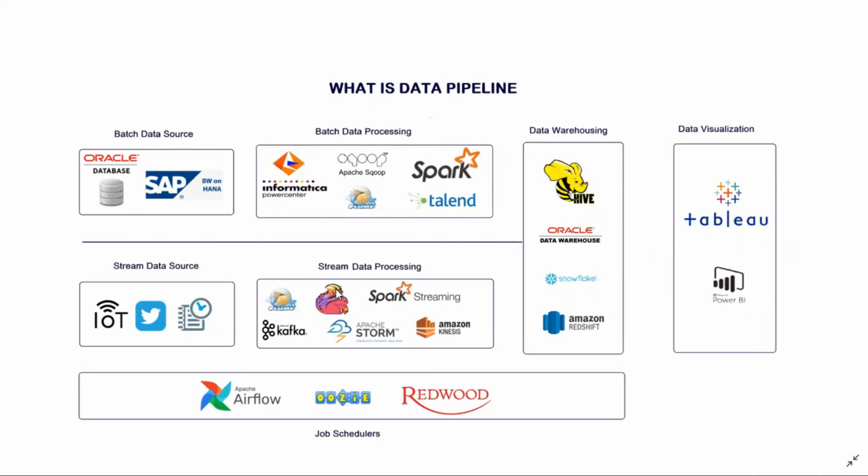IoT, social media, weblogs, or any enterprise data, as well as real-time data. Or the stock market: we see stocks going up and down in seconds or minutes. That is stream data, and on the go we are processing it and showing it in a visualization, with the percentage by which a stock increased or decreased.